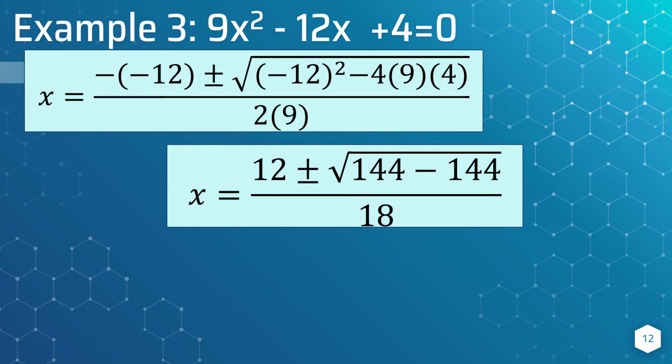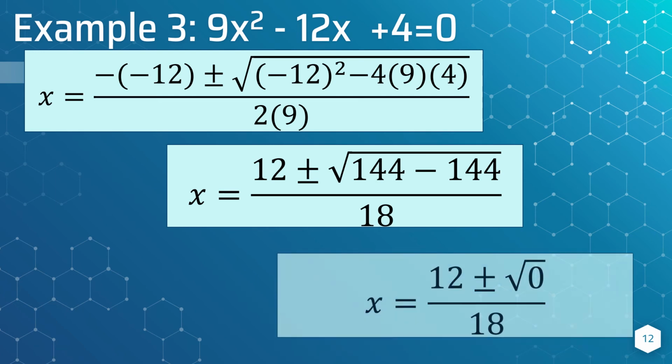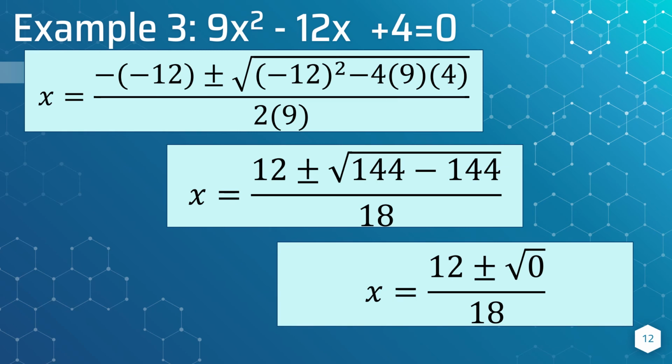So please take note, that is negative 4 times 9, that is negative 36, times 4, that is negative 144, all over 2 times 9, and that is 18. From that, we can simplify further our radical expression. So we have x equals 12 plus minus, what's 144 minus 144? That is 0. All over 18.